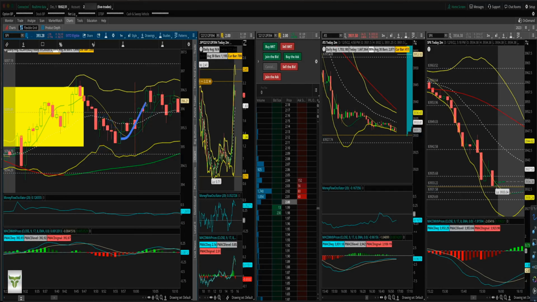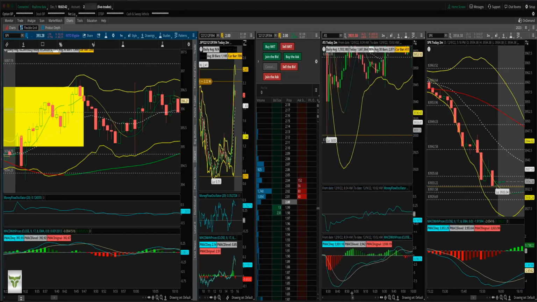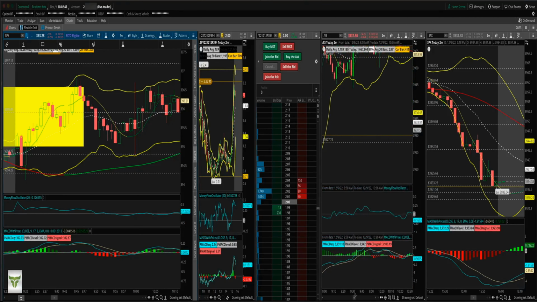And then all of a sudden, the SPY decides to rip. Not only does the SPY rip, well, we got to come over here and look at it because the ES mini ripped as well. So that's just the way it is.